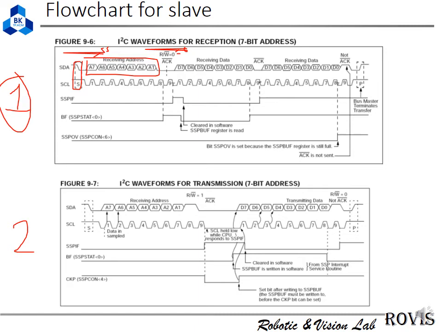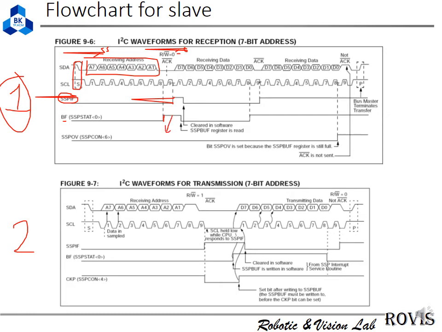Here, when the bit number 9 is received, the interrupt in the slave will be generated, and the buffer full status bit will go high.